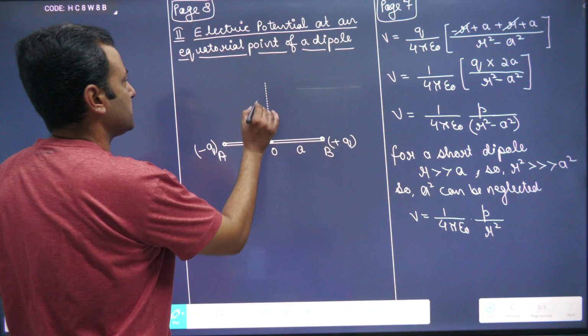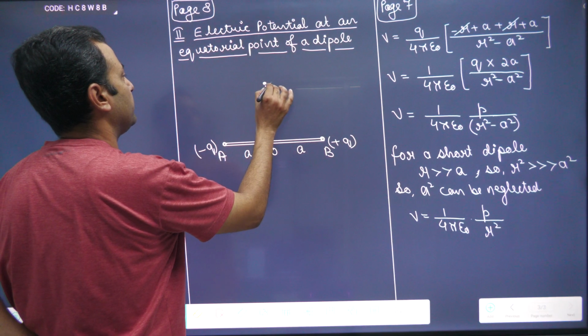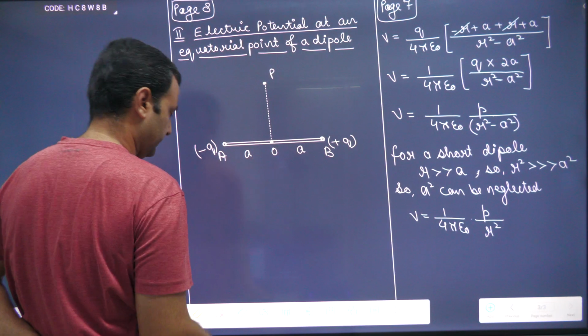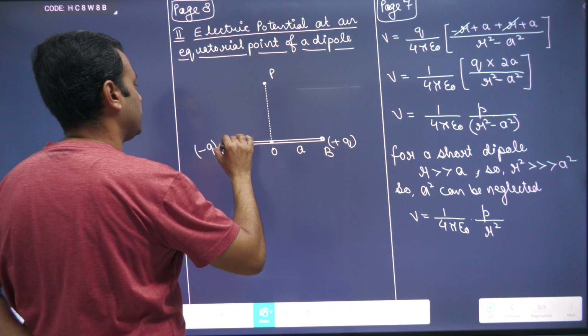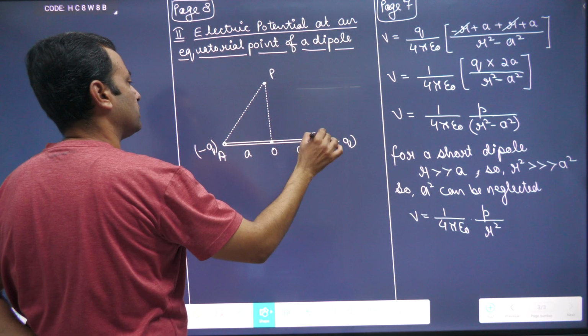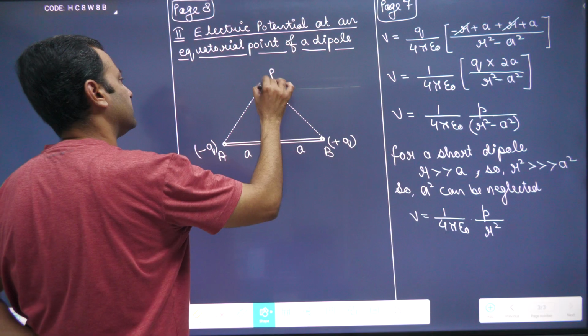So this is the equatorial point P. Now join this point to A like this, and join this point to B like this.